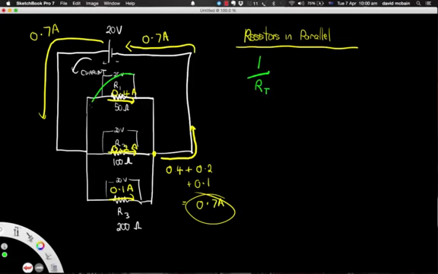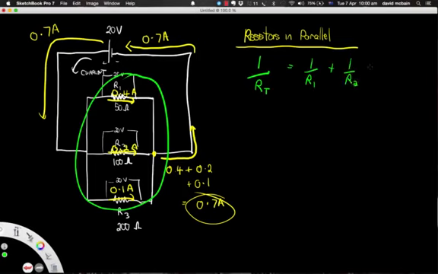We're talking about the total resistance of those three resistors there. 1 over the total resistance is equal to 1 over R1 plus 1 over R2 plus 1 over R3 and so on, depending on how many more resistors you have branched off. So let's do the calculation in this particular example.